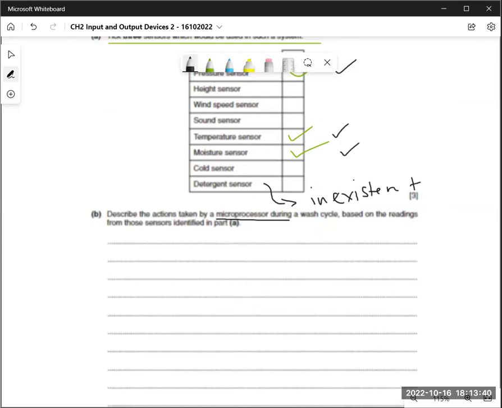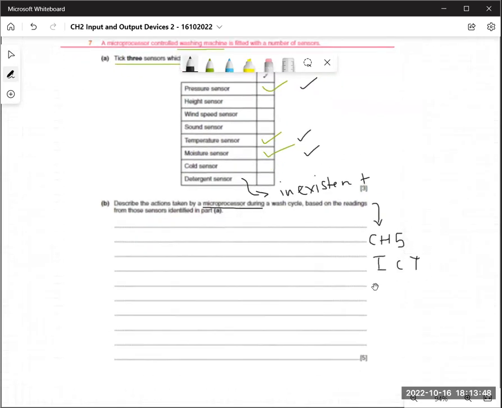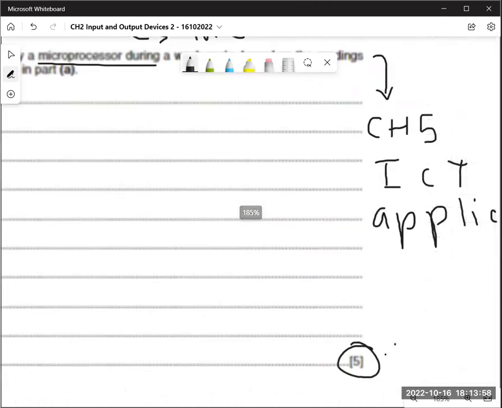Not really, no. It's not what you think. This is from chapter number 5, ICT applications. We haven't done this one yet. It's for 5 marks.